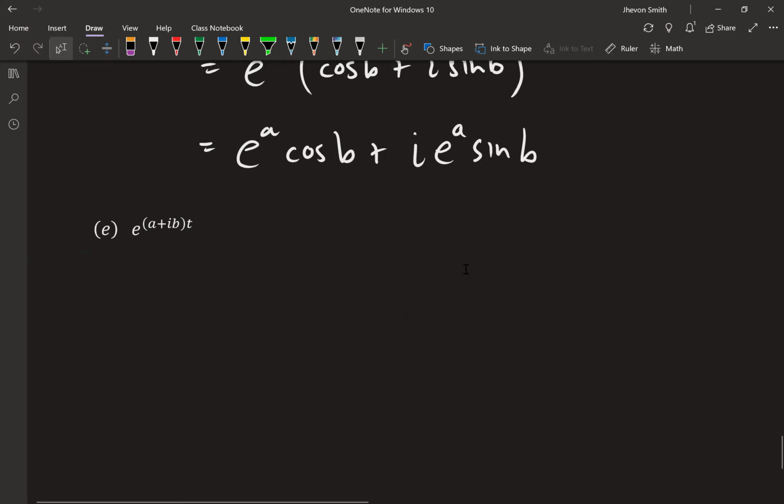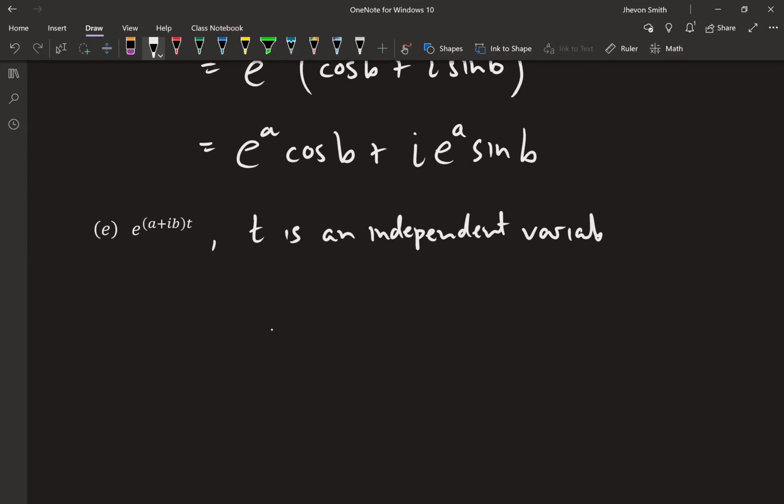You can look at something like e to the ibt. Here t is just some variable, or think of this as some independent variable. So if I put e raised to a number times t, where the number is a complex number, I would think of this as e to the at times e to the ibt. I think of that as being just another number on its own.